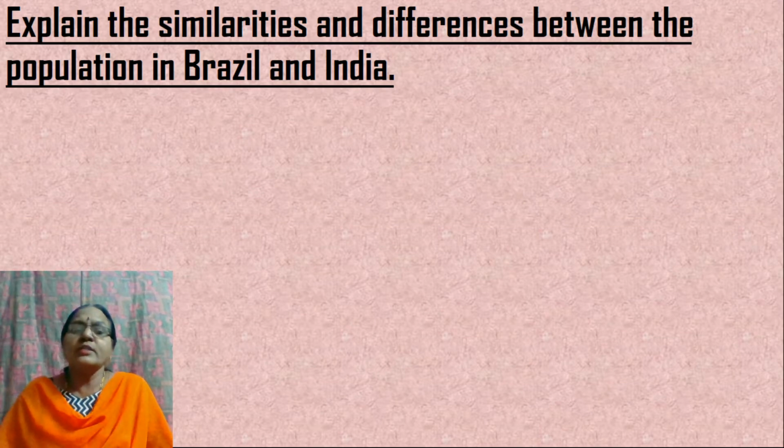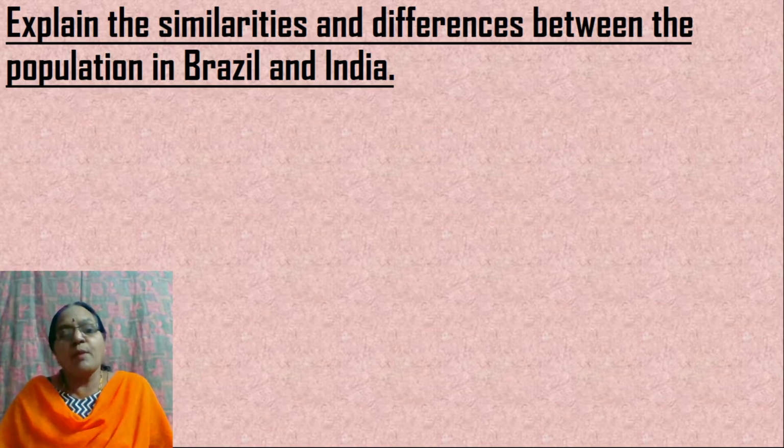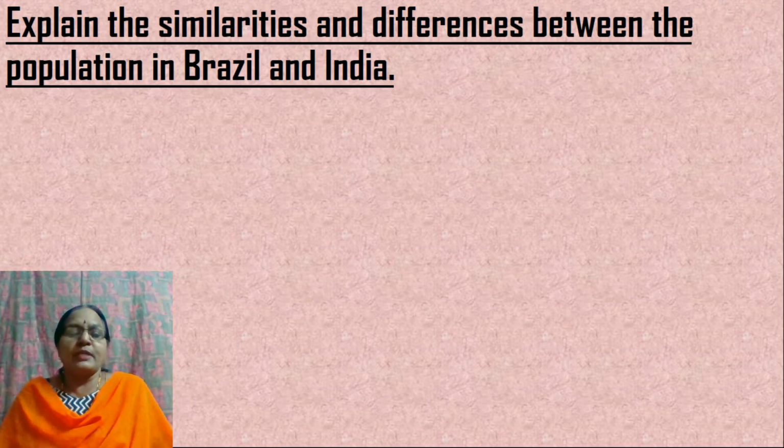So what are the similarities? What are the factors which affect the population? In both countries, Brazil as well as India, you find various factors like availability of land, fertile land, physiography, climate, availability of water, etc. which are responsible for the settlement of population.